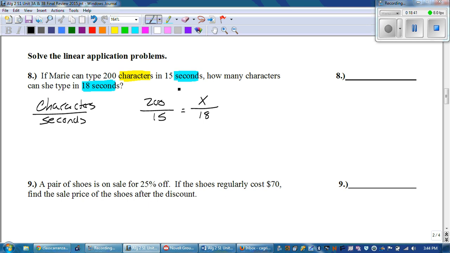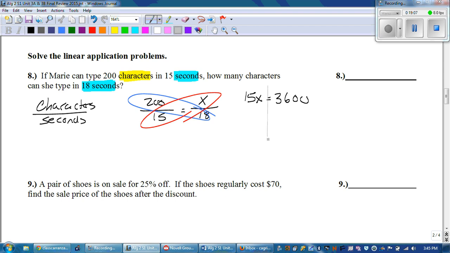Okay, so to solve a ratio, we cross multiply. Okay, so 15 times x is 15x, and then 200 times 18. What's 200 times 18? Let's go, get those calculators out. Yeah, 3,600.